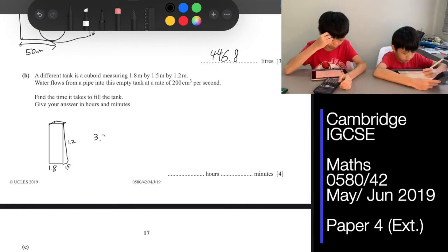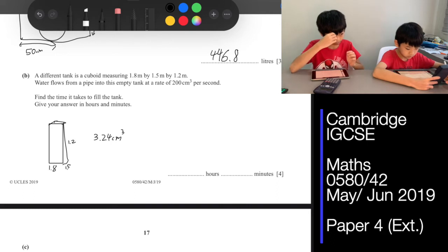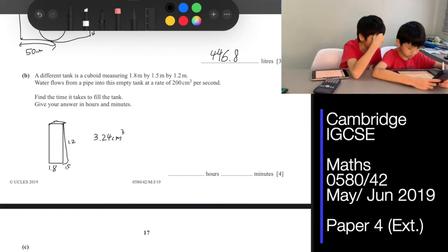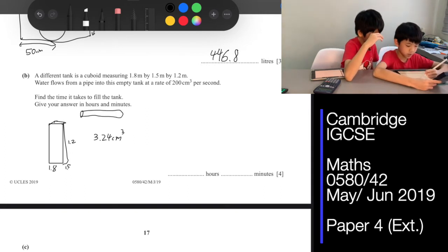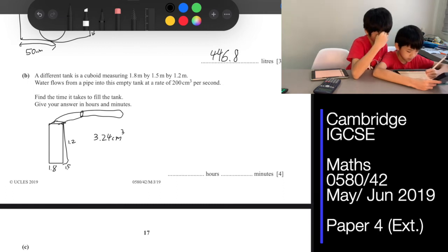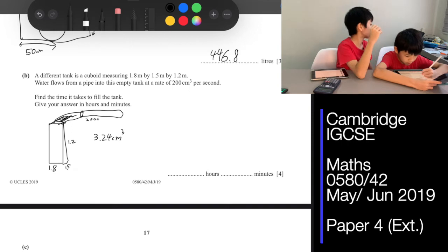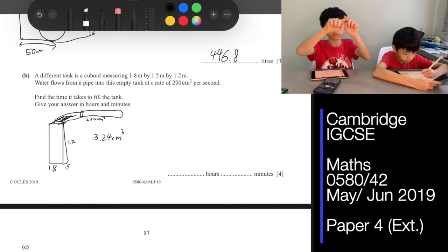So it's 3.24 centimeters cubed. And then water flows from a pipe into this empty tank at a rate of 200 centimeter cube per second.